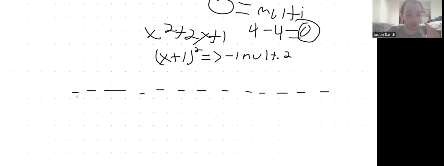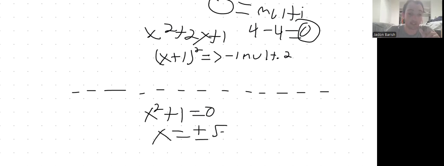The final one is if you get a negative number inside. This is where you have an imaginary number. A great example of this is x squared plus 1 equals 0. This is a simple quadratic, doesn't require any factoring, but you realize that your roots are x equals plus or minus the square root of -1. This is i. The square root of negative 1 is i. And your discriminant will be negative if you're getting imaginary numbers. For example, b is technically 0.